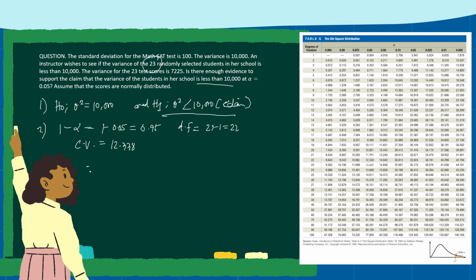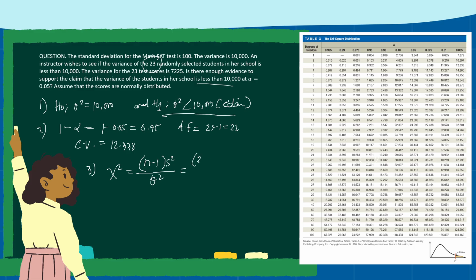Next, step number 3 is to compute the test value. The test value is chi-square equal to n minus 1 times the sample variance over the population variance.